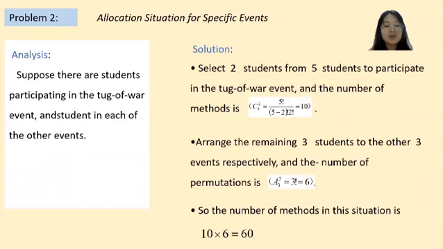Suppose there are 2 students participating in the tug of war event and 1 student in each of the other events. We select 2 students from 5 to participate in the tug of war event, and the number of methods is 10. The remaining 3 students are arranged in the other 3 events, which is a permutation problem. The number of permutations is 6, so the number of methods in this situation is 10 times 6 equals 60.